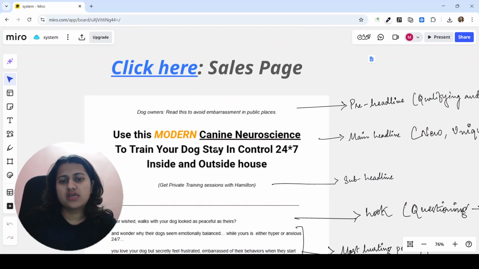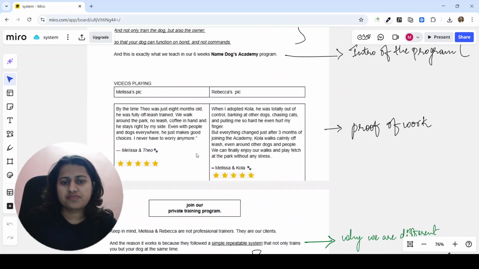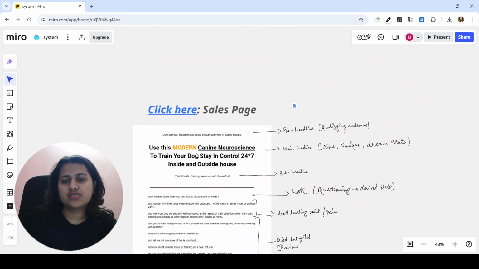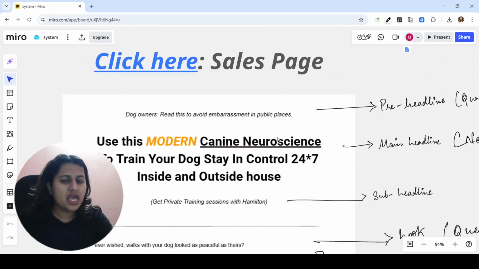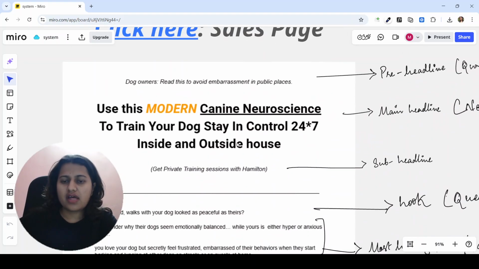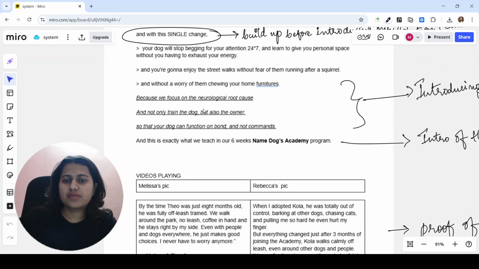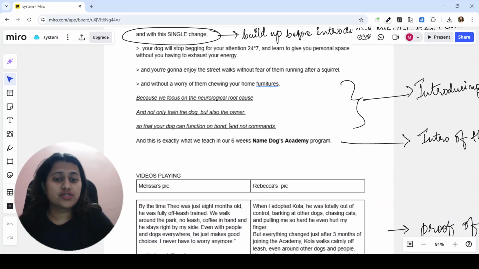The big idea was canine neuroscience, modern canine neuroscience, which is completely new and unheard of, and which will help you get results, not only external but also in-depth, neurologically rooted causes. The second sub-mechanism is that they are training not only the dog but also the owner.